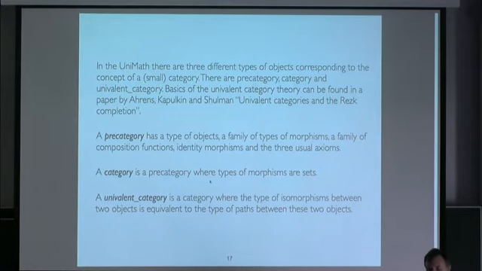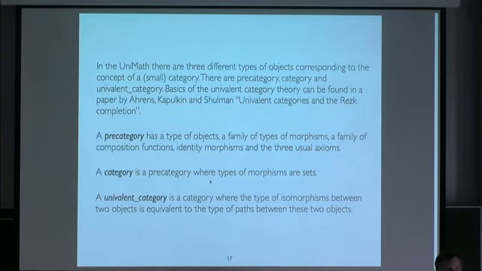Now, a category is a pre-category where types of morphisms are sets in the sense of univalent type theory. It turns out to be very important because if you think about it, you'll discover that there are many kinds of 2-categories, and many 2-categories are also pre-categories if you forget part of the structure.